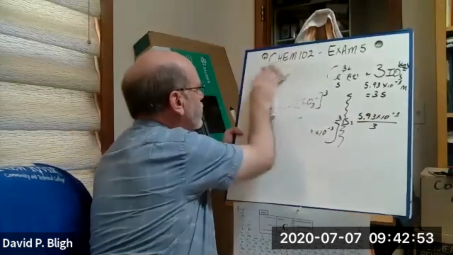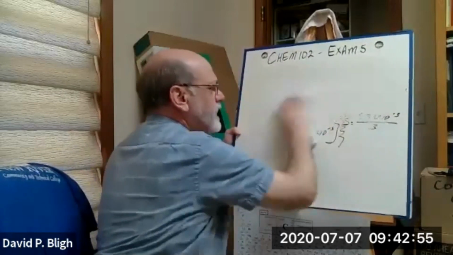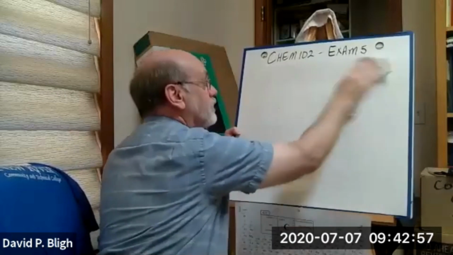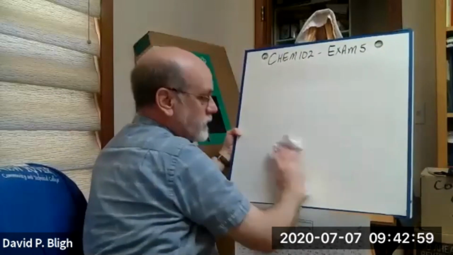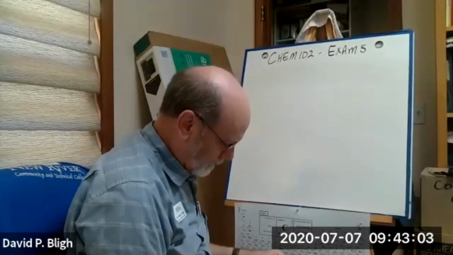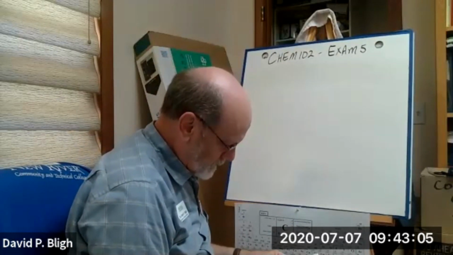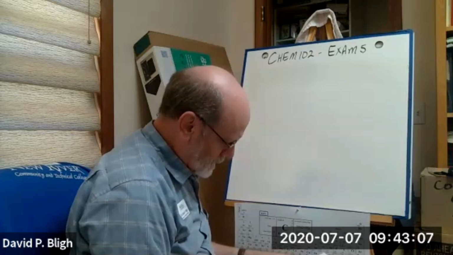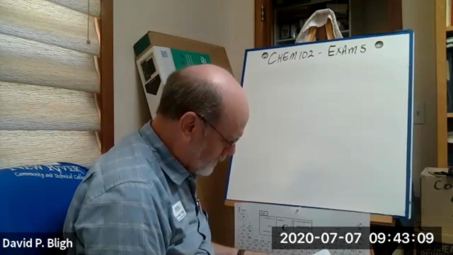All right. Sooner or later, we're going to get to a common ion problem. And then we do have to use the ICE table. Seven's another, we've already done one of those.